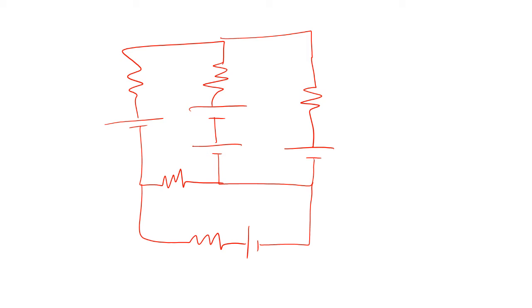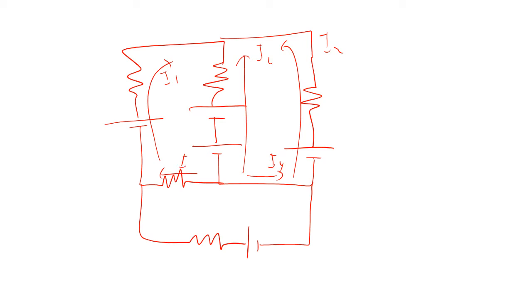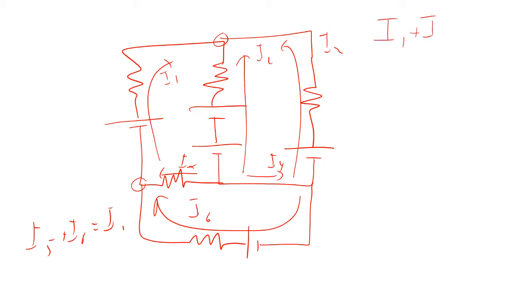Then you would say, I've got current here, I1, current there, I2, current here, I3, current going there, that's I4, current there, that's I5, and current this way, that is I6. Every time you get a junction, you say current in equals current out. So I5 plus I6 equals I1. Up here, junction. Oh, wait. I have I1 plus I2 plus I3 equals 0.